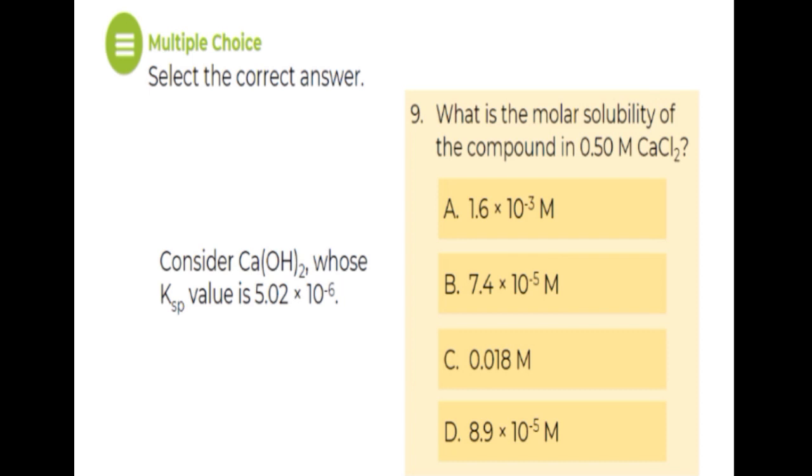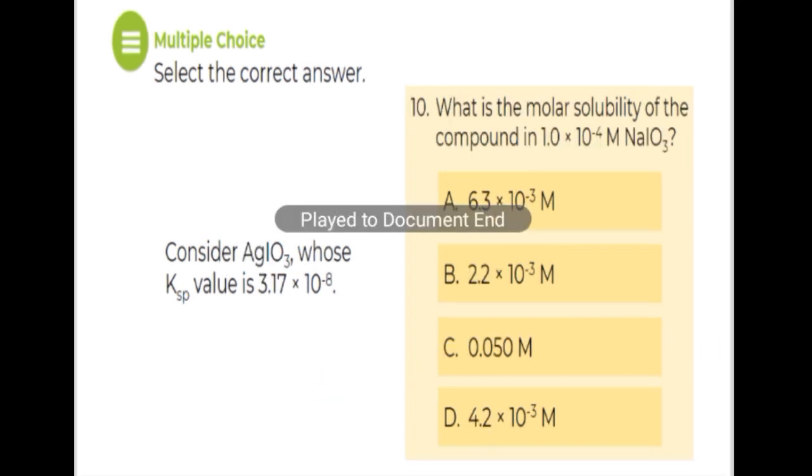A, B, C, or D? And number 10. What is the molar solubility of the compound in 1.0 times 10 raised to negative 4 M NaIO3? A, B, C, or D?